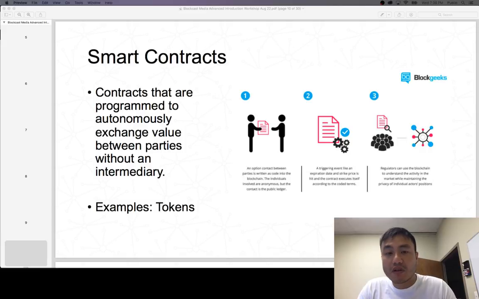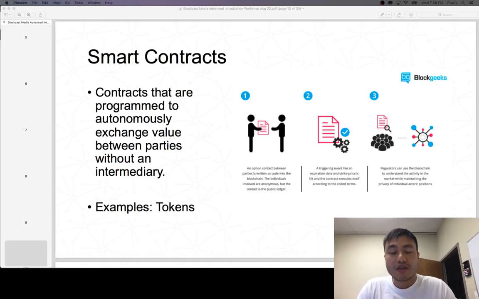A good example of what smart contracts are capable of is tokens, and how people have been creating these cryptocurrency tokens to give out to try to raise money. This is what you may have heard of as initial coin offerings.